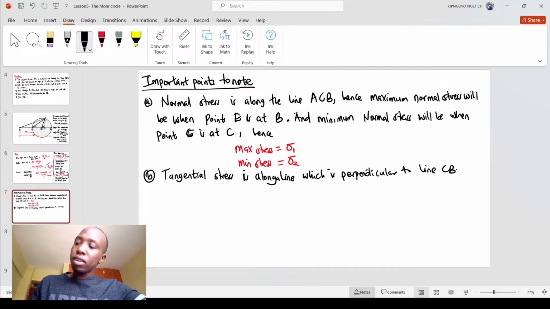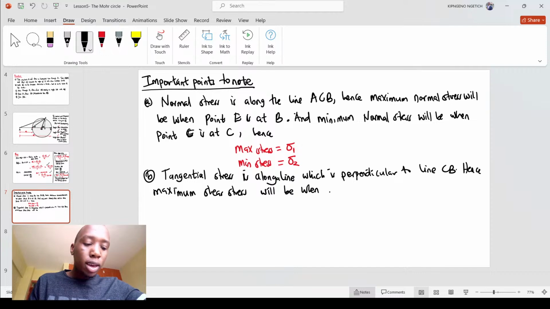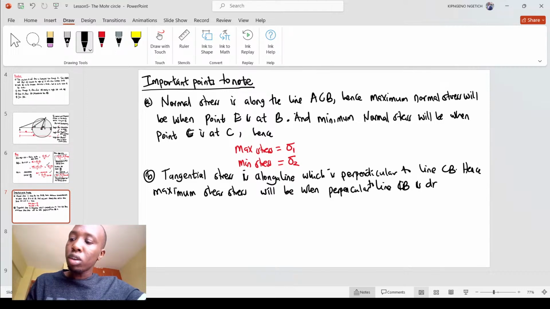So hence, maximum shear stress will be when a perpendicular to line CB is drawn from point O. Let's go back.